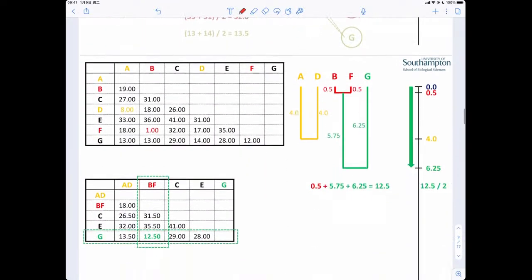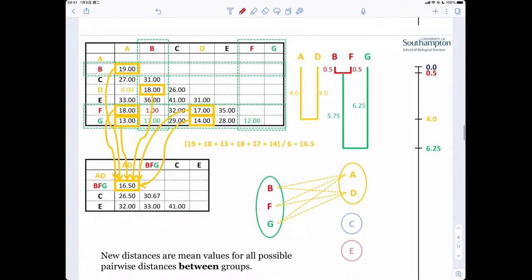For example, we find the smallest distance in the new distance matrix, which is BF and G, which is 12.5. Then we remove it and create a new column and a new row, which is BFG, and recalculate the distance by using the old distance matrix.